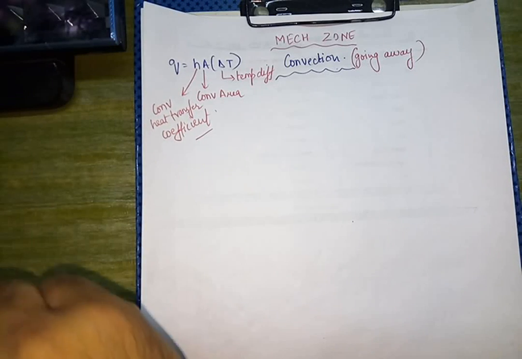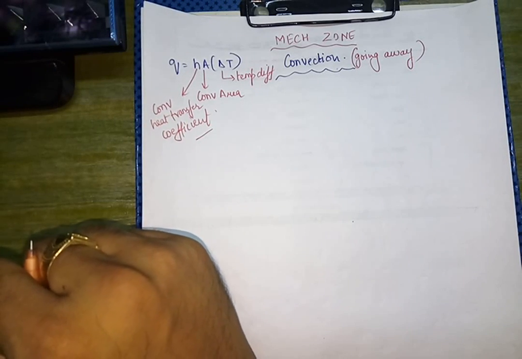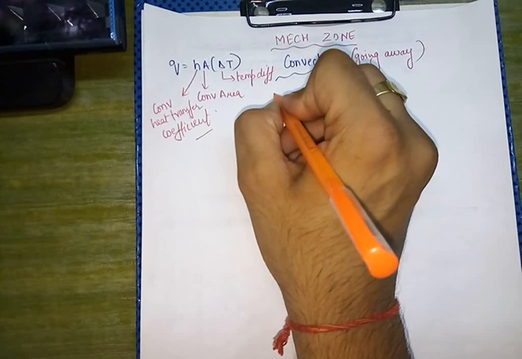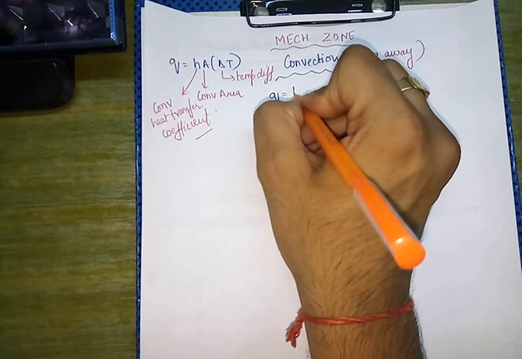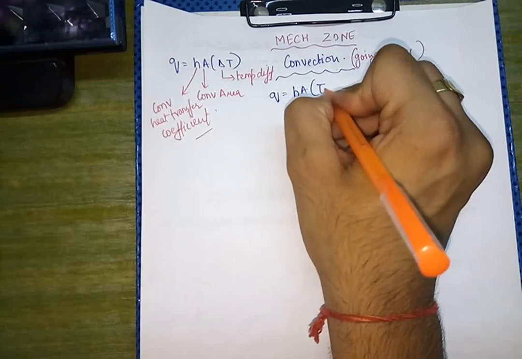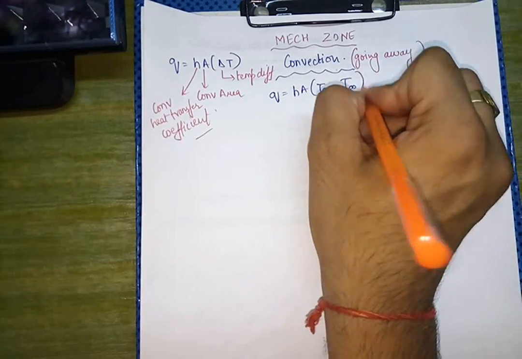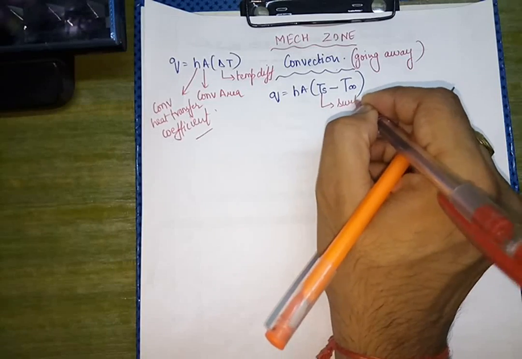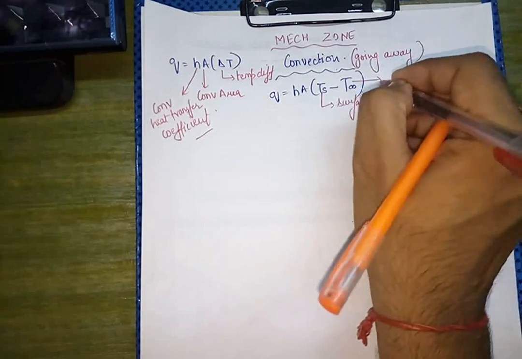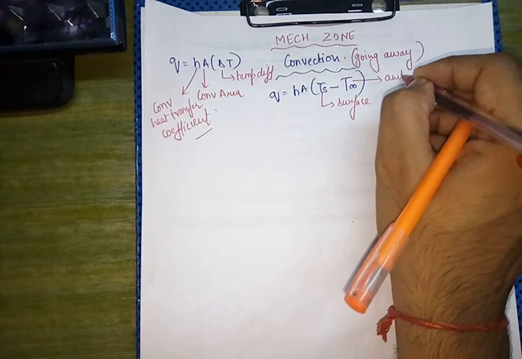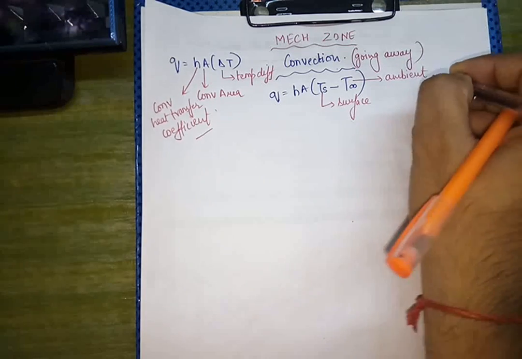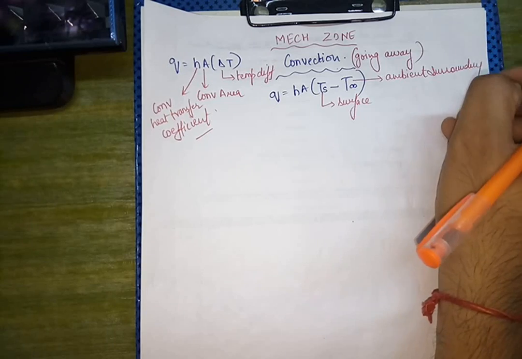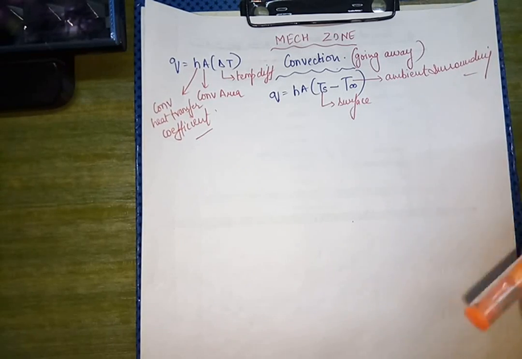Now we will see Newton's law of cooling that we have discussed, that Q is equal to hA (Ts minus T infinity), where Ts is the temperature of the surface and T infinity is always the temperature of the ambient surrounding.